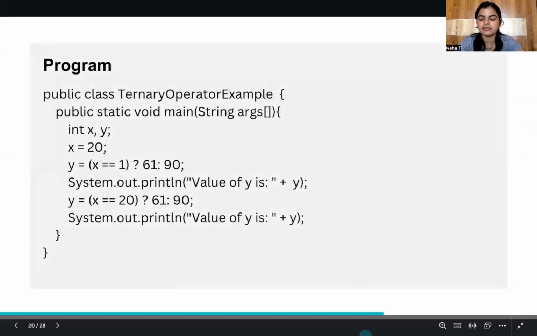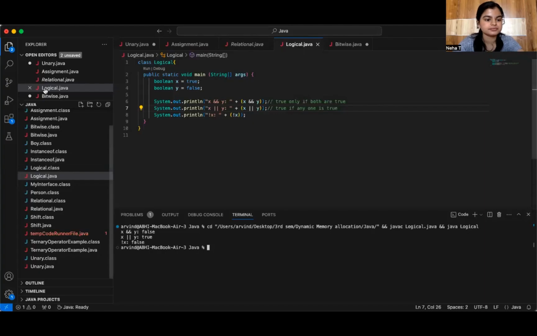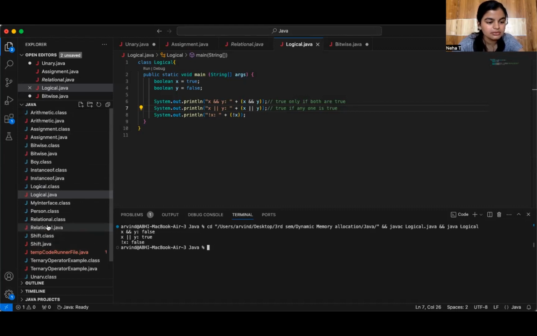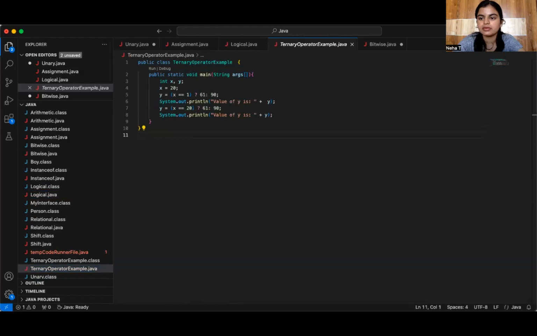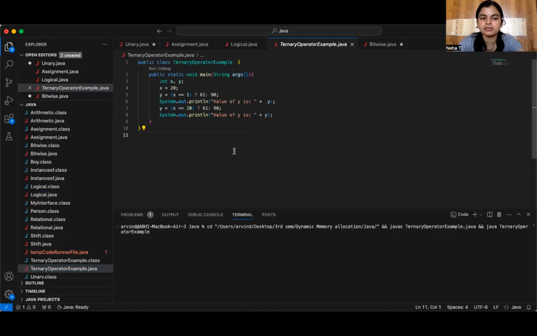Again, we'll have a program for the ternary operator. Int x, y; x is equal to 20. Then y is equal to the ternary condition: x equals 1, question mark, 61, colon, 90. If this is true, it will print 61. If it is not true, it's going to print 90.